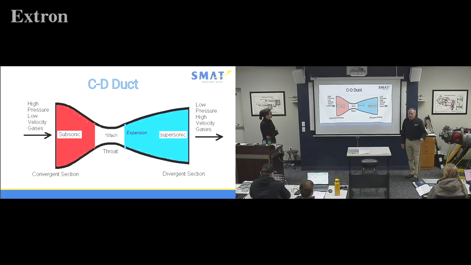So what we do is, with those jet engines, you generate the pumps that mix the hydrogen and oxygen, and you bring it into this convergent section. You have what they call a CD duct. So they're together.